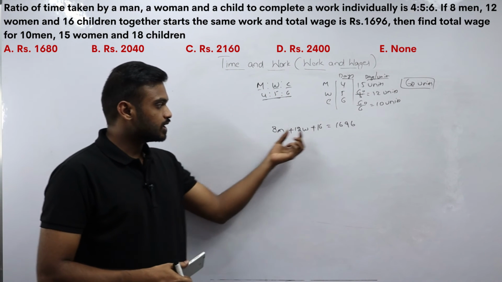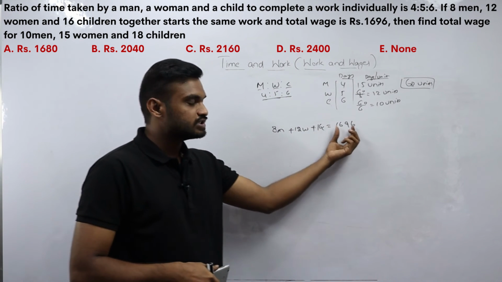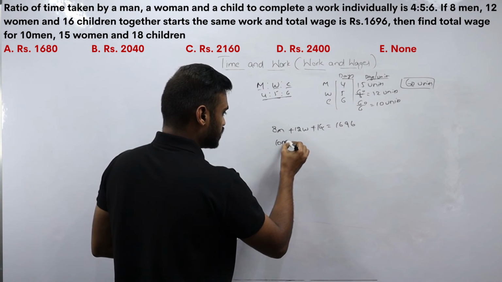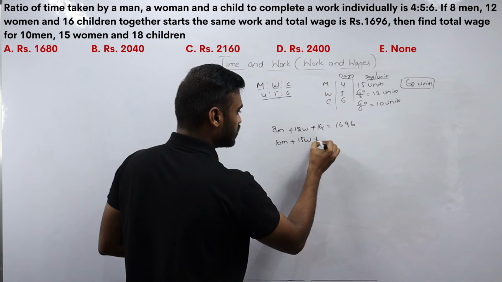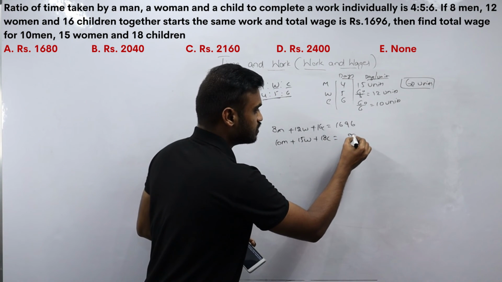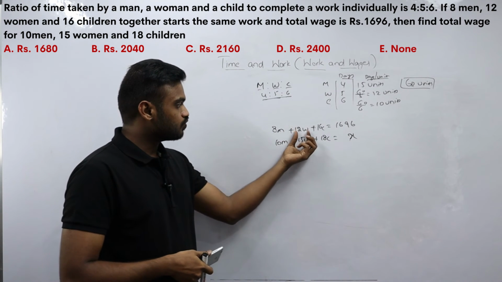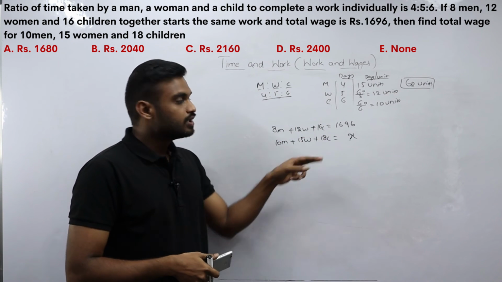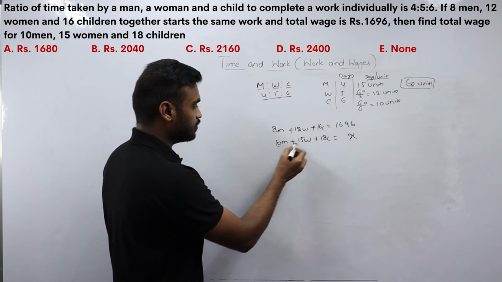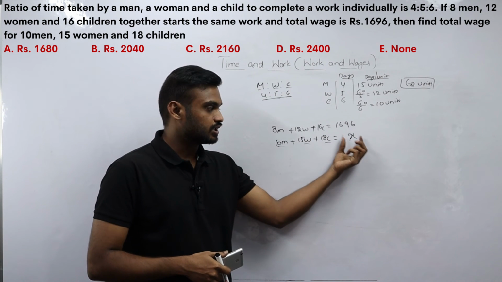Now we need to find out the wage for 10 men, 15 women and 18 children. I am considering the total wage for these members as X rupees.